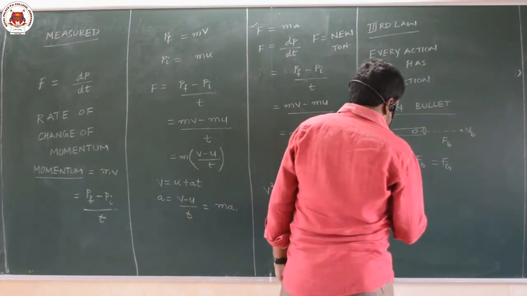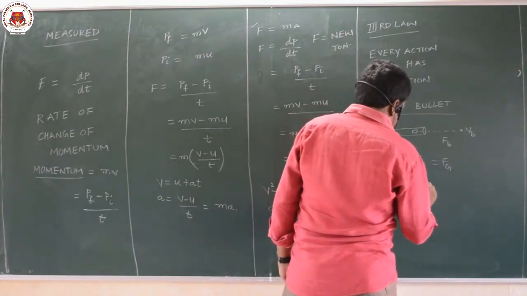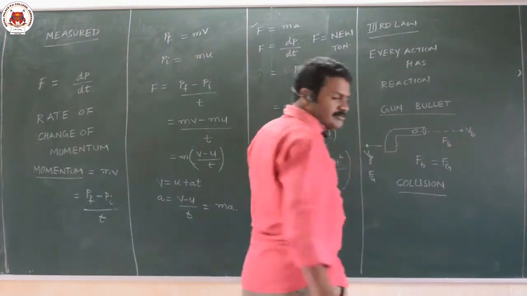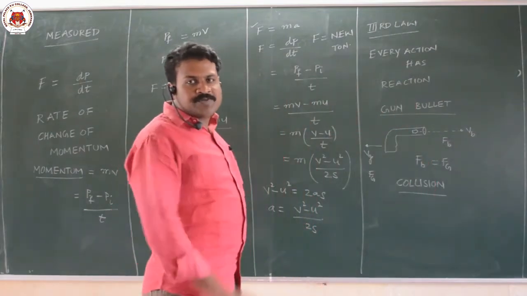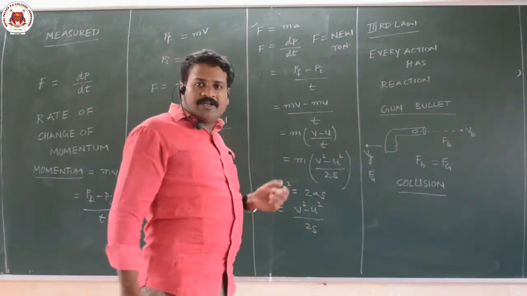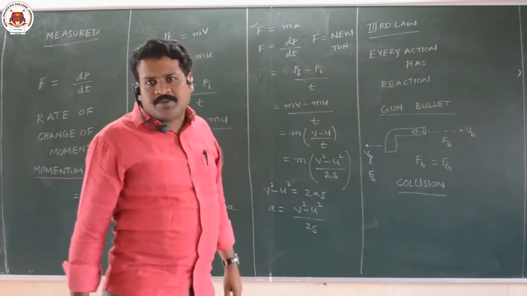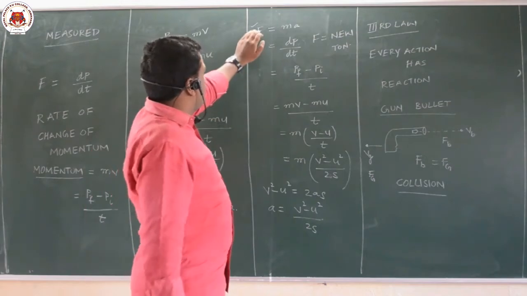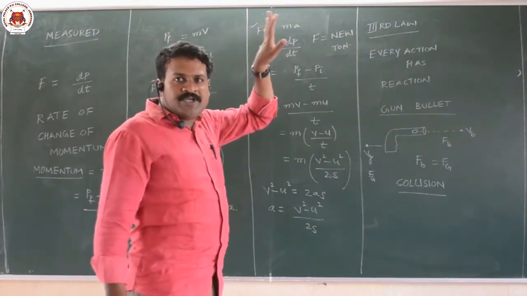All these three laws you will study in great detail in your PUC first year. Newton's second law appears to be very simple, but its applications are very difficult. To write F is equal to ma is very difficult.